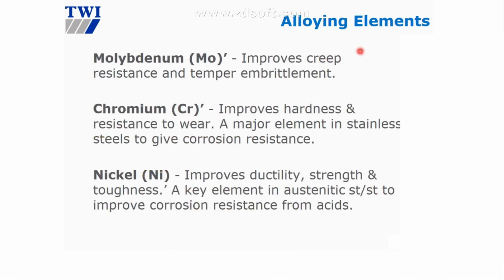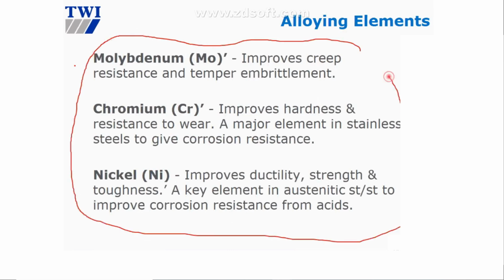And I would like you to memorize a bit about all of this, molybdenum, chromium, and nickel, all right? Please memorize these things. Possibly they will ask you. So molybdenum improves creep resistance and temper embrittlement. Creep resistance here, for example, we have a pipe installed in a plant, like a gas processing plant.